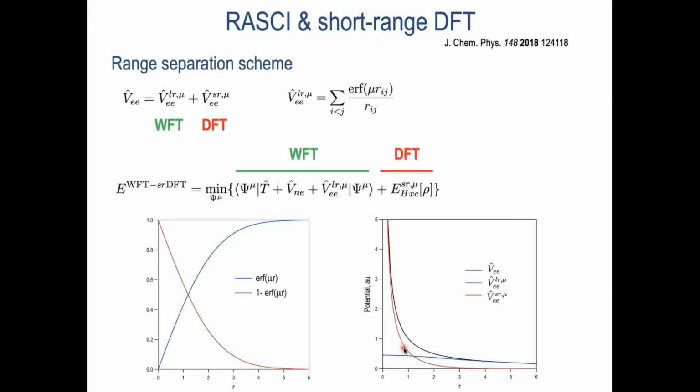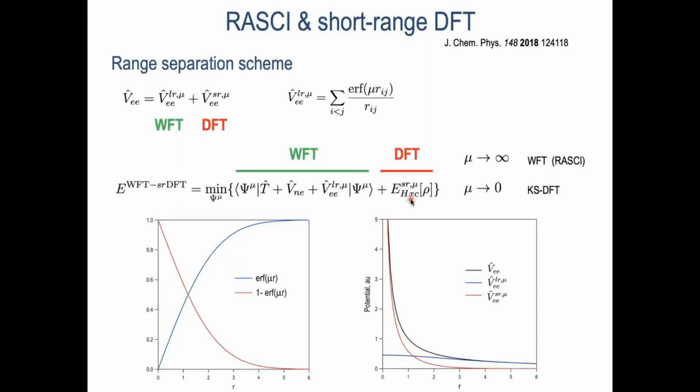And with doing that, we can now compute the energy of our states as a part that basically depends on the wave function, where here we have the long range electron interaction, and then for the short range we have DFT, where we have the Hartree, exchange and correlation functionals.